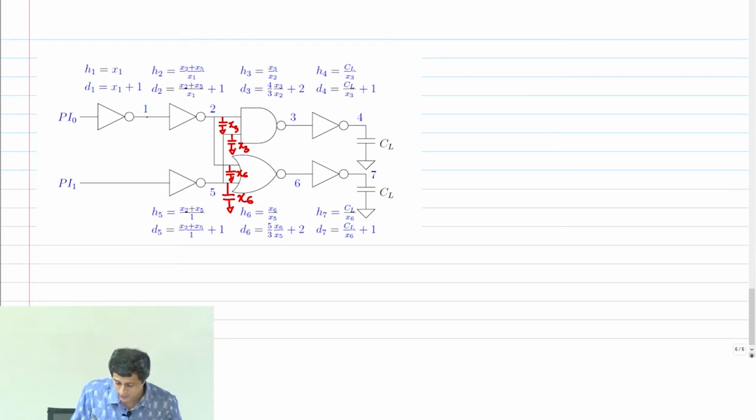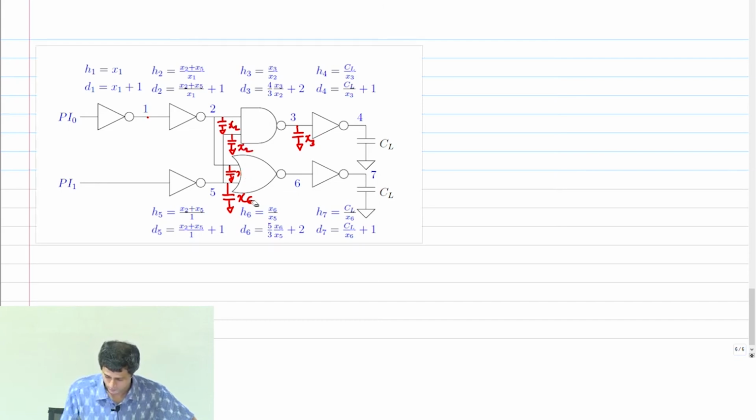So this is basically going to be x1, is it? Oh no, that cannot be the case. x3 is x3. Oh no, sorry. No. This one is x3. This is x2, x2. x5, x5, right?